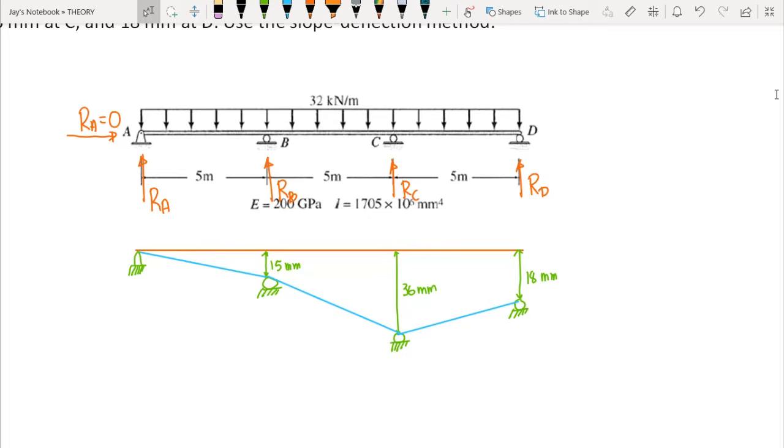So we now have to compute for the member end moments by dividing the structure into segments at points of discontinuity. We can divide it into 3 members: AB, BC, and CD. So we will begin with member AB.